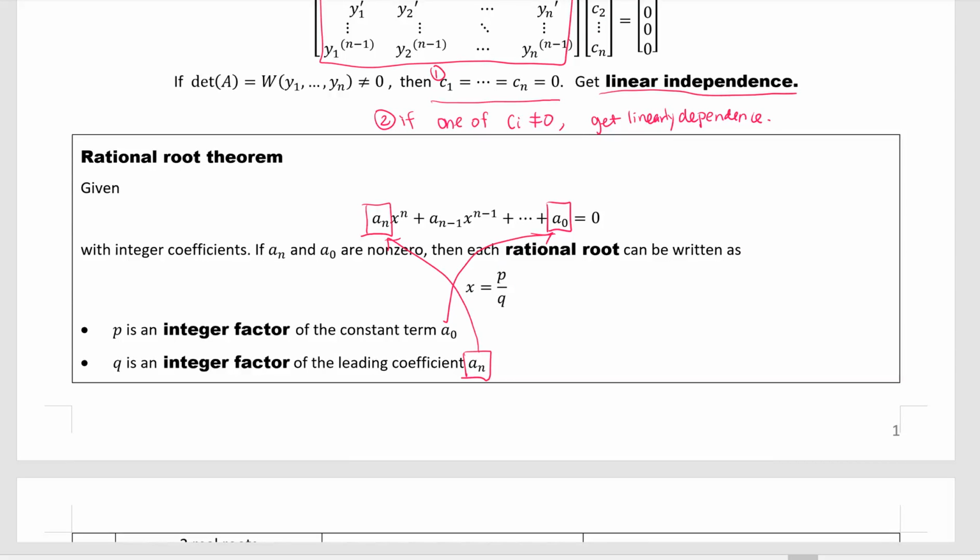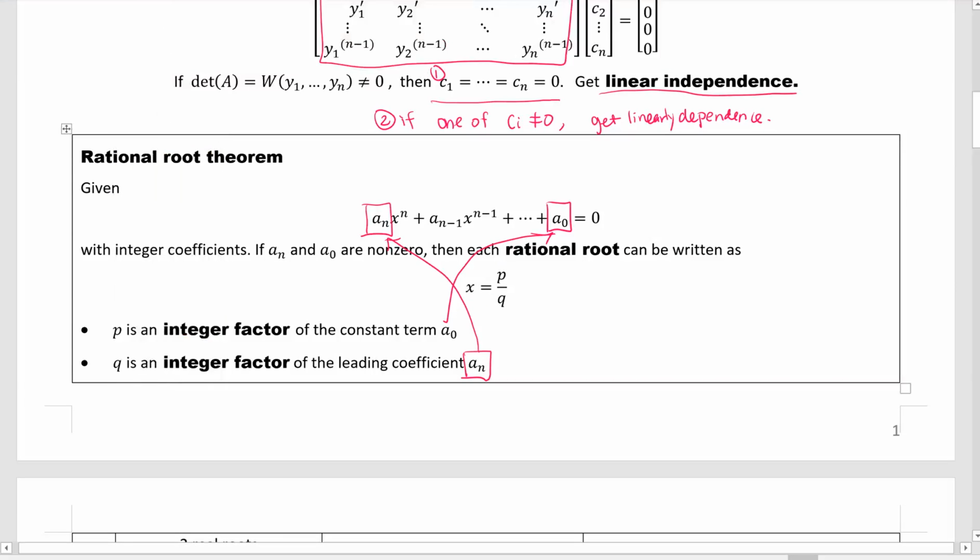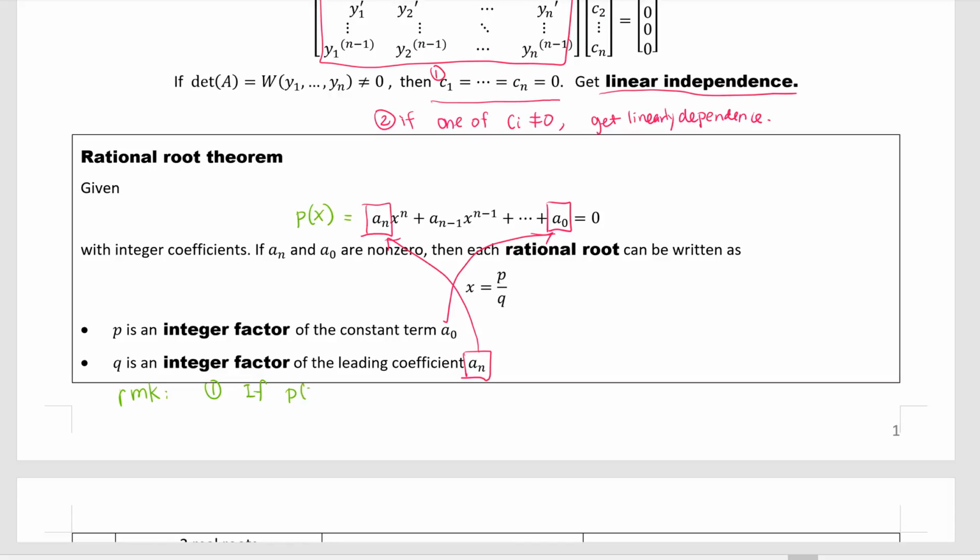Okay, so let me write down what I just said. First, if the polynomial, in shorthand notation, p of x equals 0 has rational roots, then all the rational roots must be in this form.